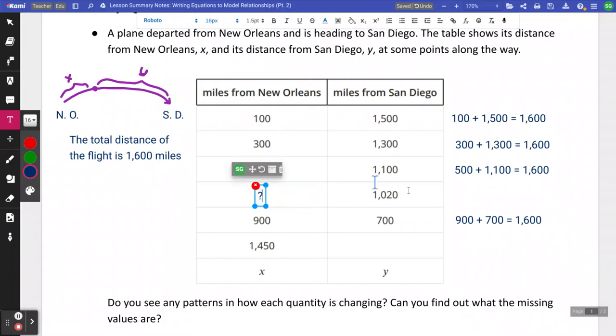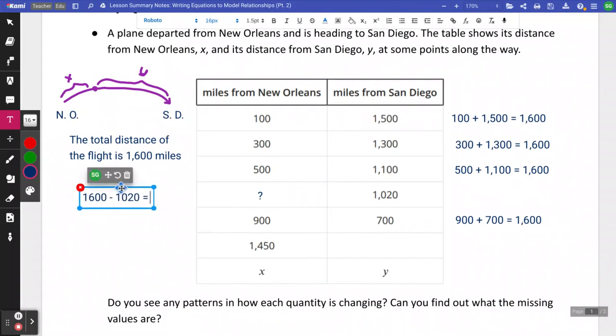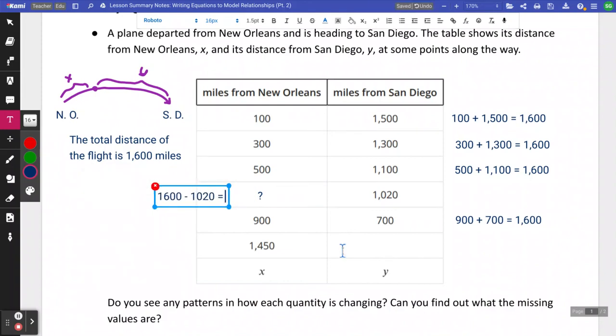Well, if I know this missing number plus this number is 1600, I'm going to have to do 1600 minus 1020 to figure out that missing number there. I'm going to leave that math there because that's going to be important in a moment. If you do that subtraction, 1600 minus 1020, that's going to leave us with 580.